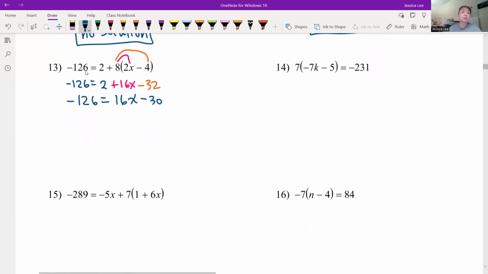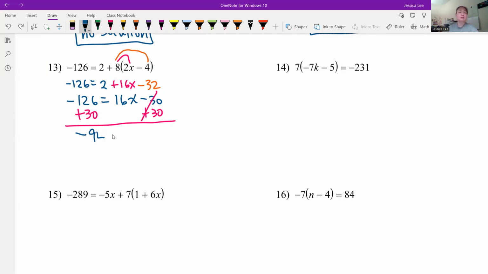We add 30 on both sides, and negative 126 plus 30 is going to be negative 96. Yes, negative 96 is equal to 16x.